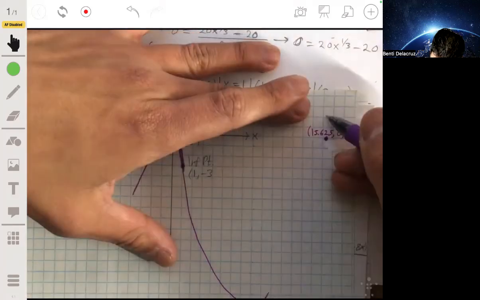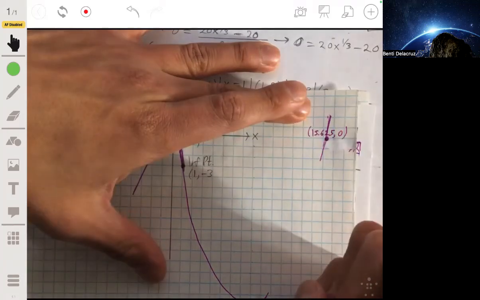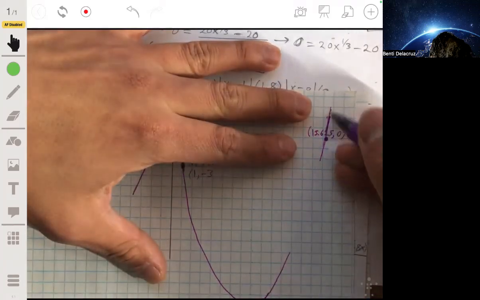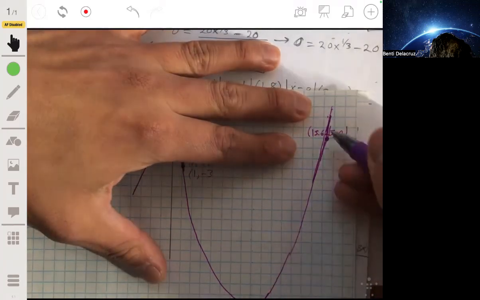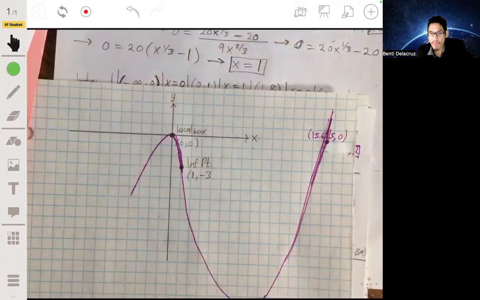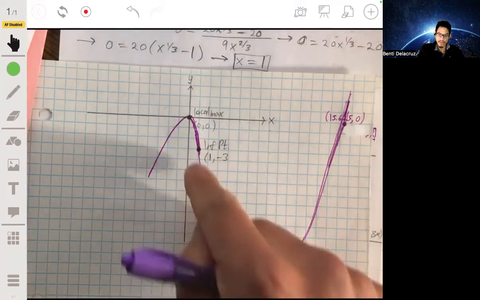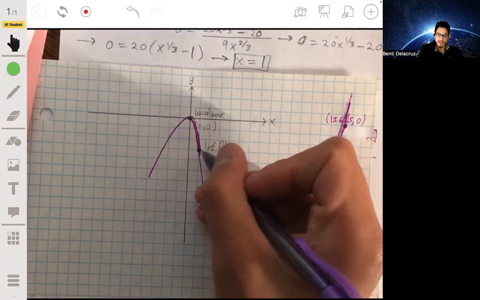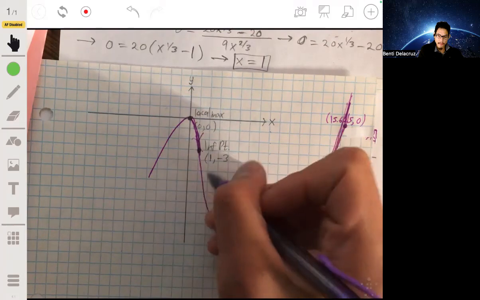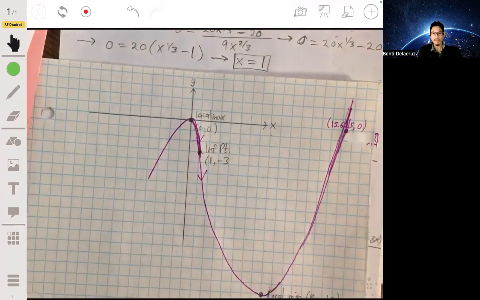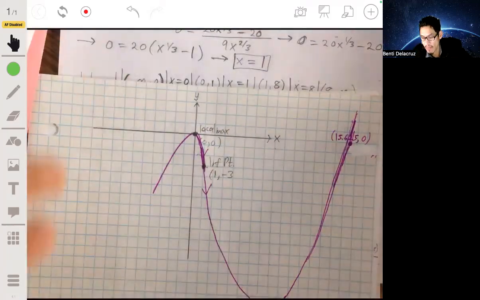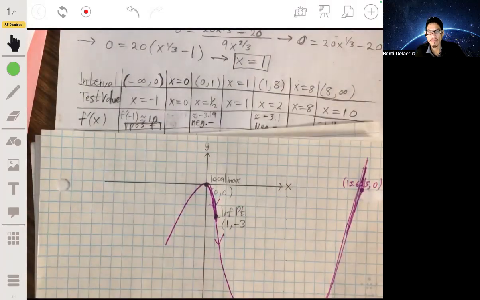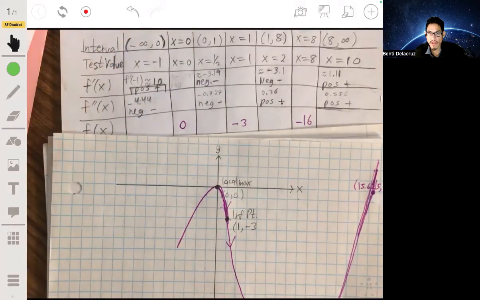And let's see if I can make this go right through that. There we go. This is a sketch. That's the general idea. See, concave up, concave down, switches concavity here. And there we go. There's your function. Hope that helps.